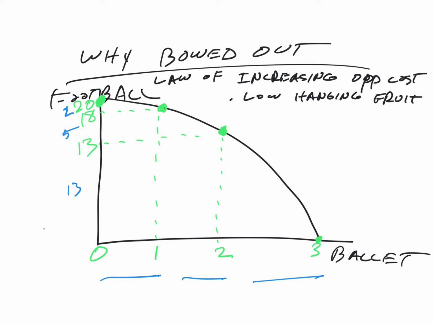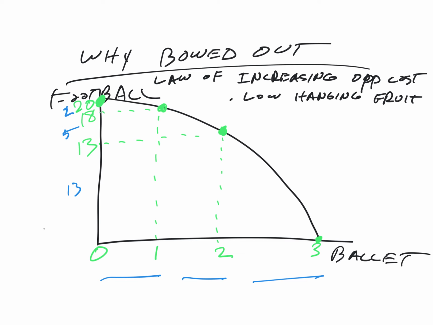Law of increasing opportunity costs, that is what we mean, that the more we produce of something, the more we have to give up of something else because of that low-hanging fruit. We're going to pick the low-hanging fruit first. And the high-hanging fruit is more costly to get. It just takes more effort. It takes more capital. We're going to have a ladder. And for the highest, we're going to have a big, expensive ladder, right?